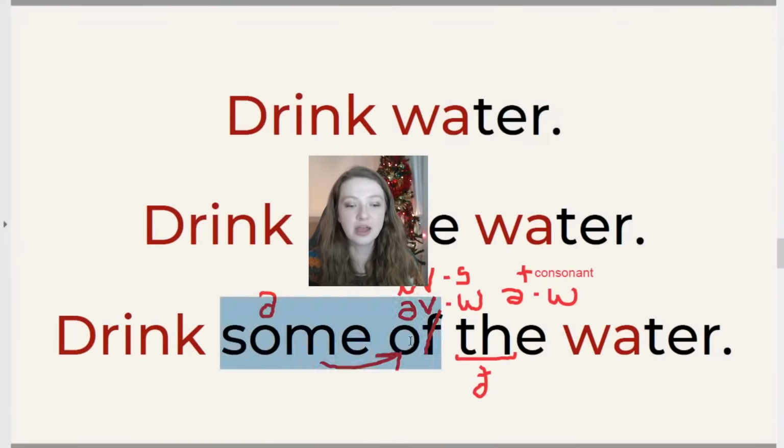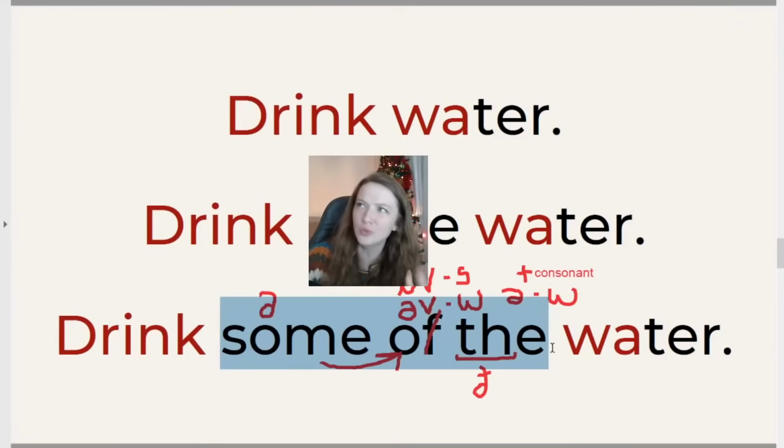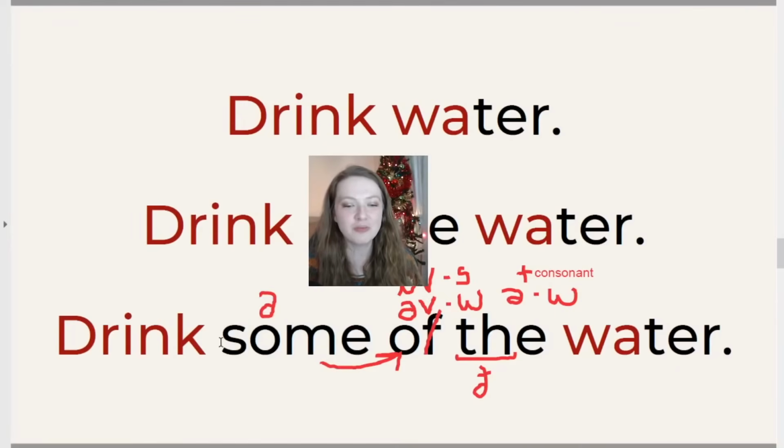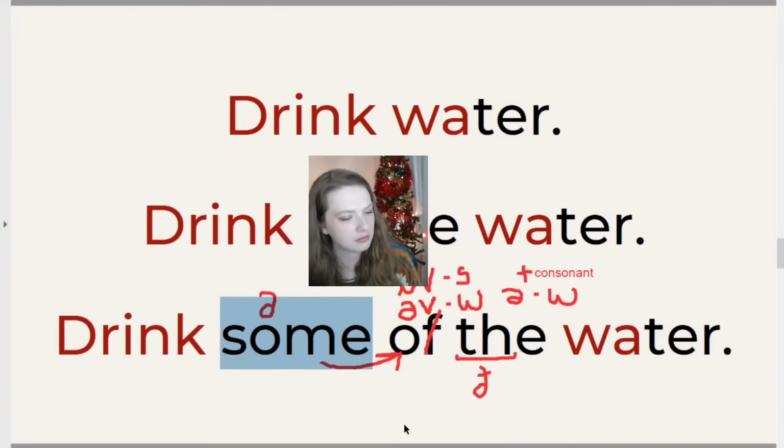But if I remove drink and water and I just say some of the, you'll be like, some of the what? Or let's imagine I remove some and I say drink of the water. Yeah, it's weird. It's not correct. It's a very weird sentence, but the key elements are there.